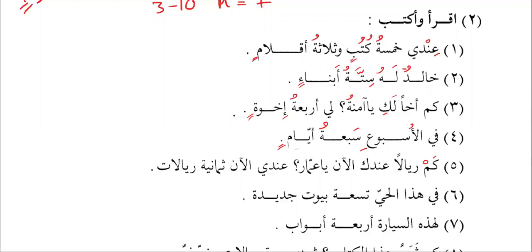أزان. كم ريالا عندك الآن يا عمار؟ عندي الآن 8 ريالات. جيد. ما معنى الجملة؟ How many riyals do you have now, Ammar?